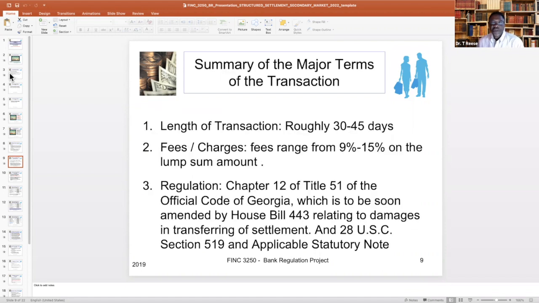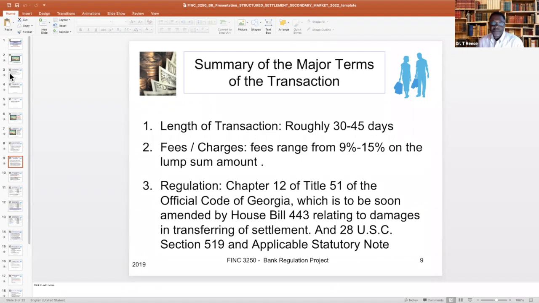Now, the length of the transaction will be approximately 30 to 45 days. You want to confirm that that is still true. Two, the fees associated with completing this transaction can run anywhere from 9% to 15% on the lump sum amount. And three, Chapter 12 of Title 51 of the Official Code of Georgia is the major state regulation which governs this transaction.